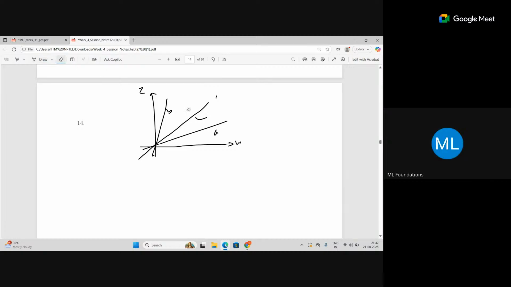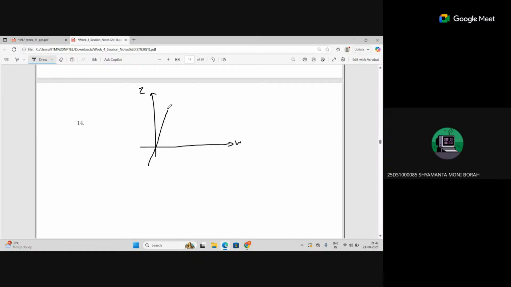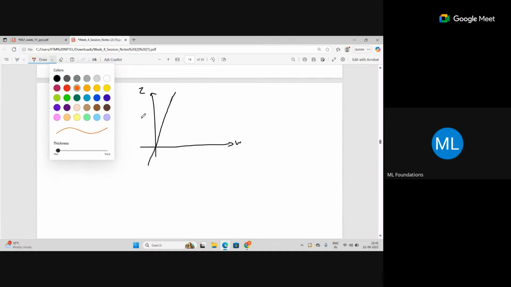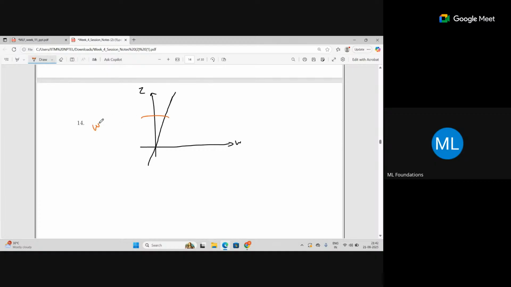B, right? If the slope is higher, it will be closer to the z axis. So I'll write in a different color. This is the line of w equal to 2z, right?